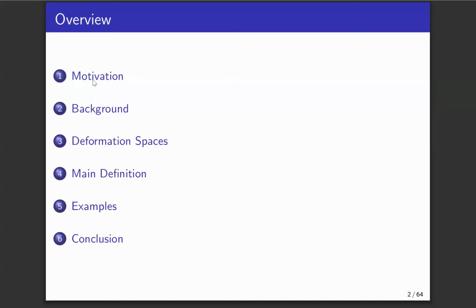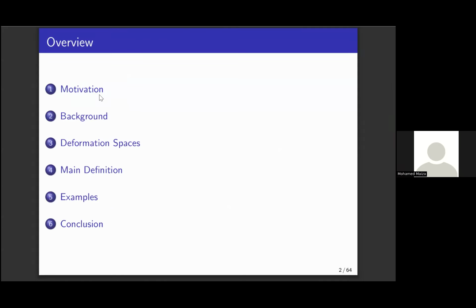So we start with the motivation of this project, and then we discuss the background of our deformation theory, such as symplectic manifolds, Hamiltonian spaces, and quasi-Hamiltonian manifolds, and then we dig deeper in the technical issues of this deformation, such as deformation spaces, the main definitions, and the examples of deformations of quasi-Hamiltonian manifolds to their Hamiltonian counterparts.